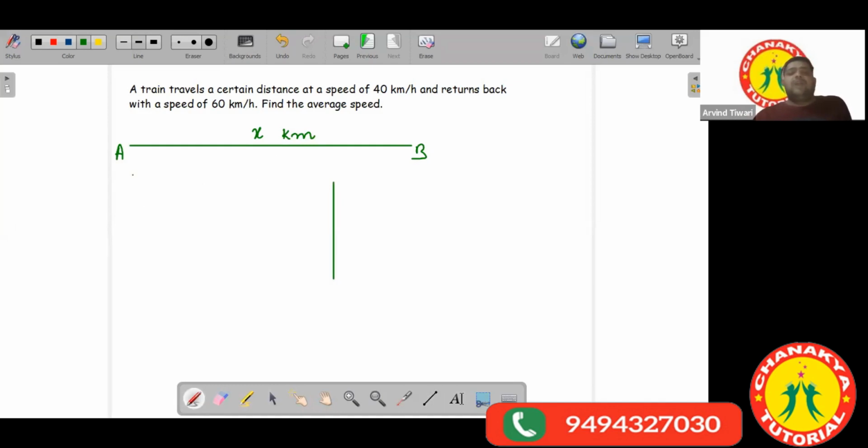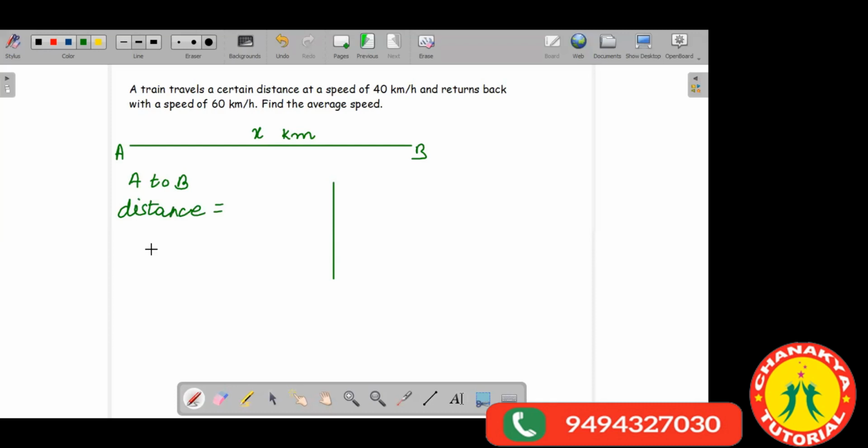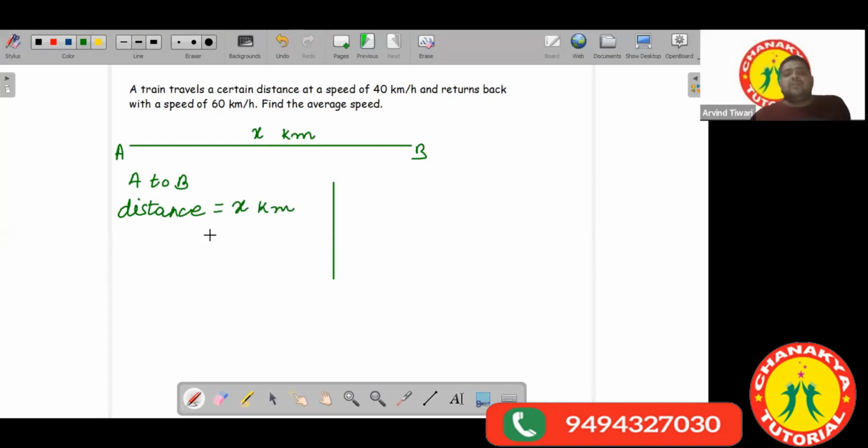So while going from A to B, the distance is, what is the distance, Harshit? Sir, it's X km. X km, very good. And what is the speed?